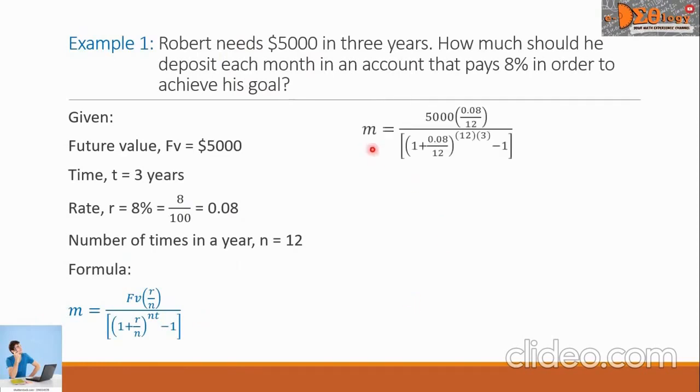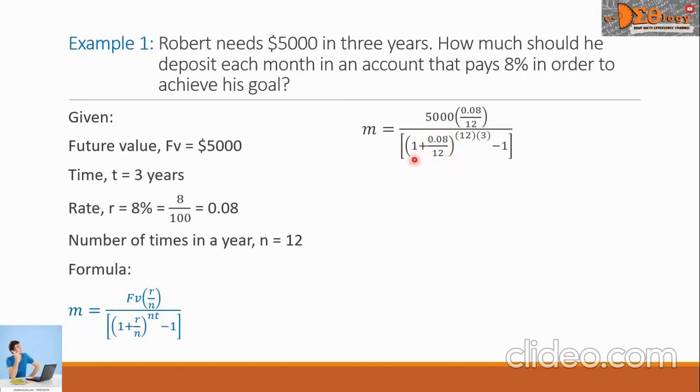So we can see here that M equals, in our numerator, FV is now 5,000, multiplied to the fraction R over N, 0.08 over 12. So this fraction here is the same fraction that we will write in the denominator at this portion.